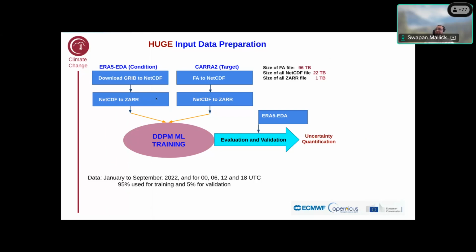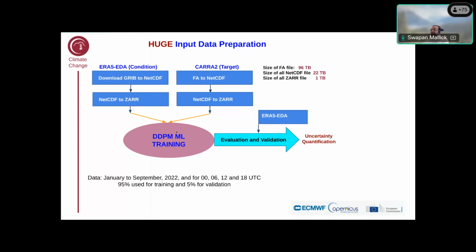For any machine learning model, data pre-processing is a huge challenge, and it takes a lot of time. So we first downloaded the ERA 5 EDA in GRIB and NetCDF, then converted all the data to Zarr format, and then used Kara 2 as the target and ERA 5 EDA as the condition.